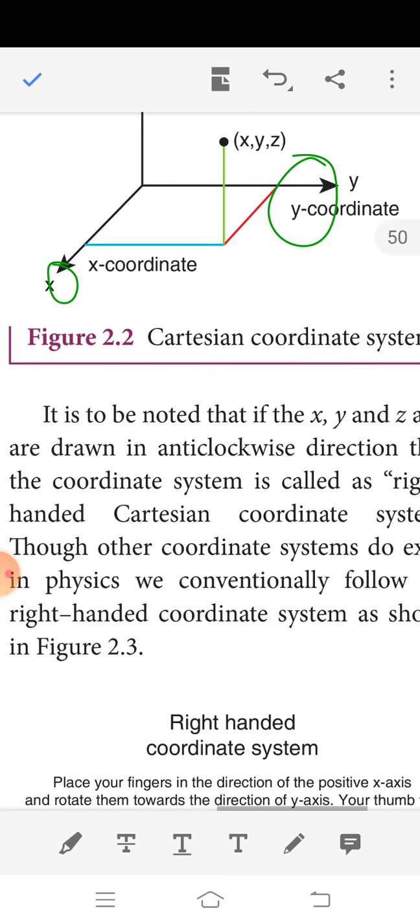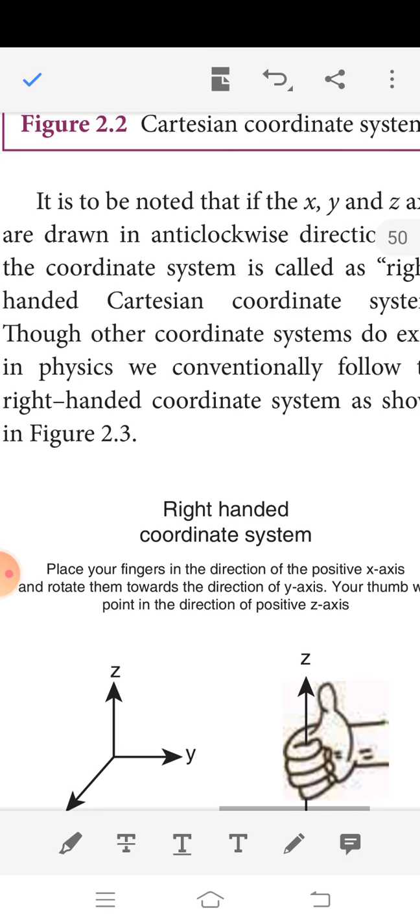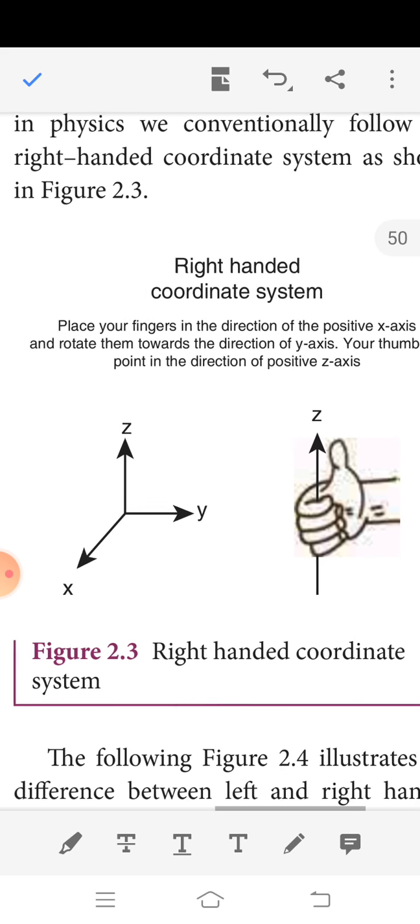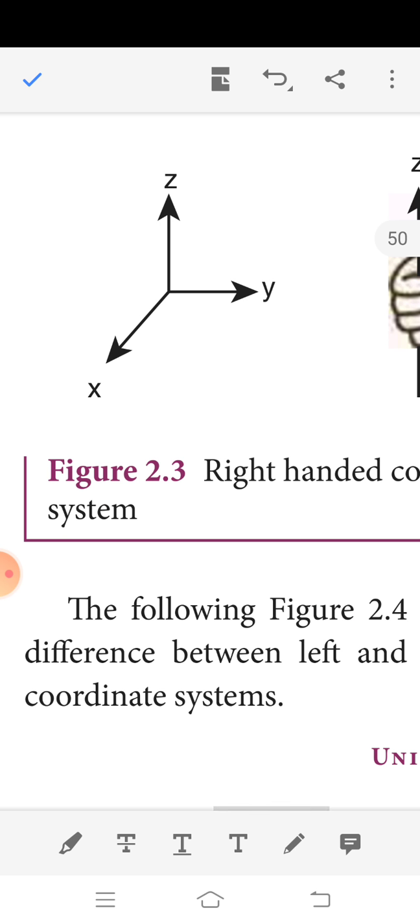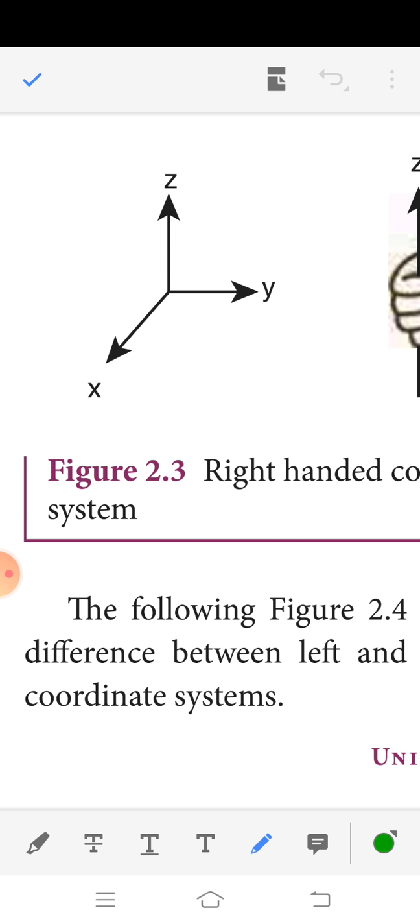In this diagram, it is to be noted that if the x, y, z axes are drawn in the anti-clockwise direction, which means this direction, this Cartesian coordinate system is called a right-handed Cartesian coordinate system.